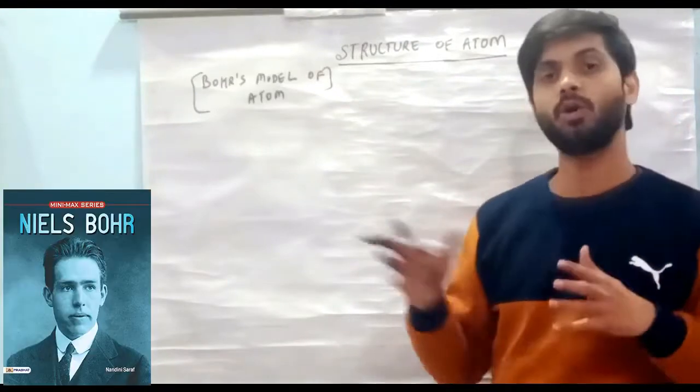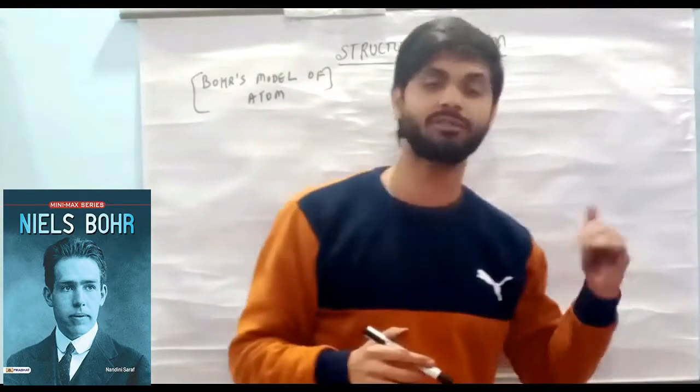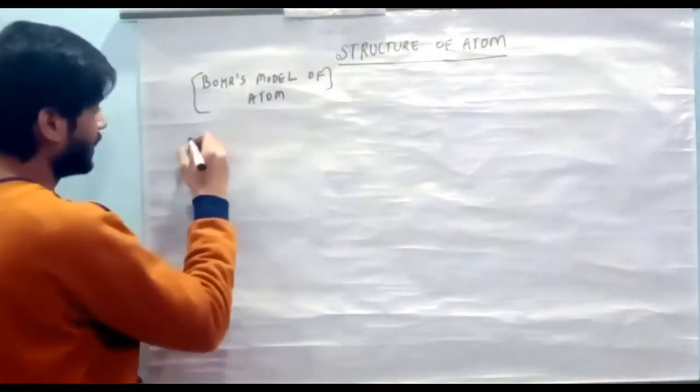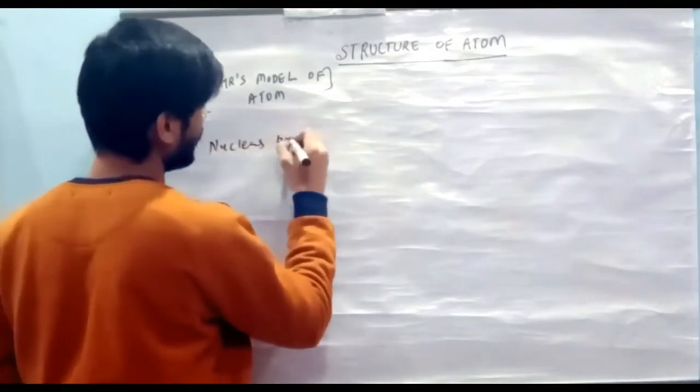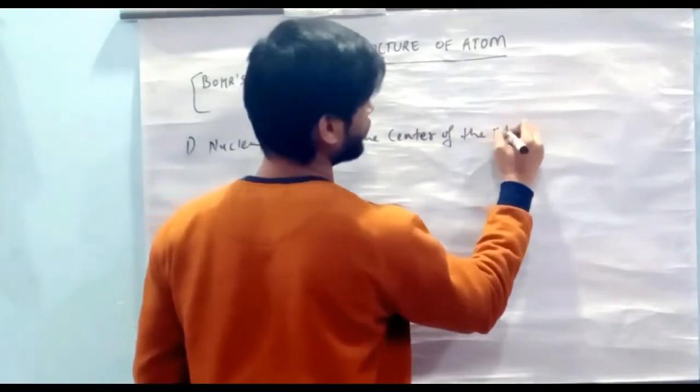After Rutherford, Bohr came with a new model, called Bohr's model of atom. What was the difference between Bohr's model and Rutherford's model? Bohr said that the nucleus is present in the center of the atom.